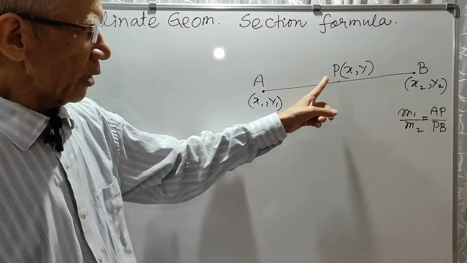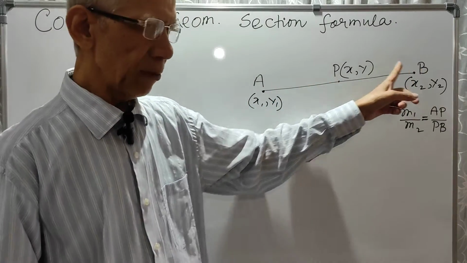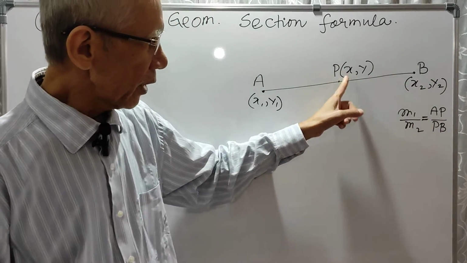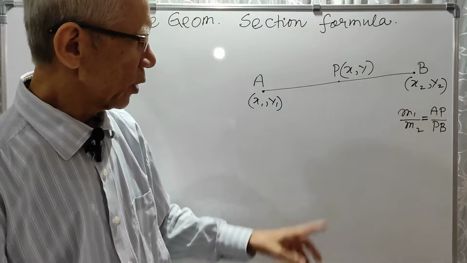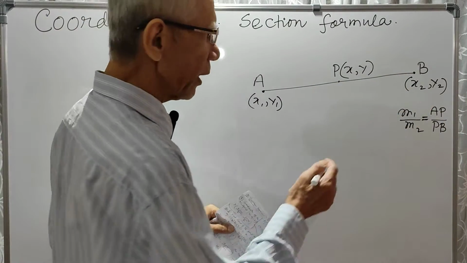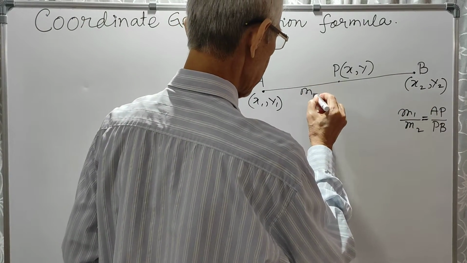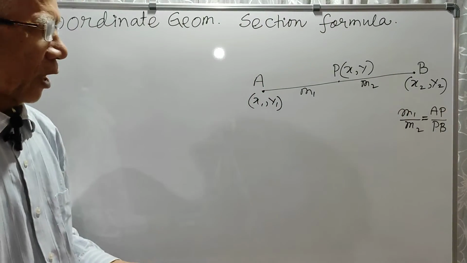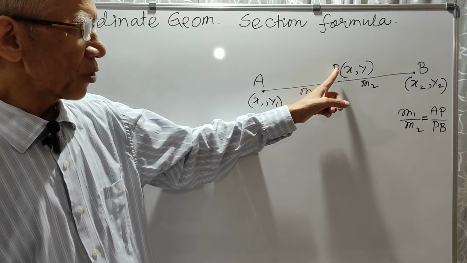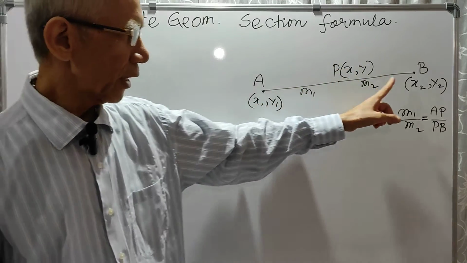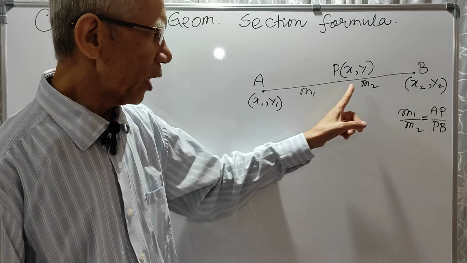So, point P divides this straight line AB joining the points x1, y1 and x2, y2 in the ratio m1 is to m2. This is m1, this is m2. Now, we have to find the coordinates of P, which are x, y, in terms of x1, y1, x2, y2 and m1, m2.